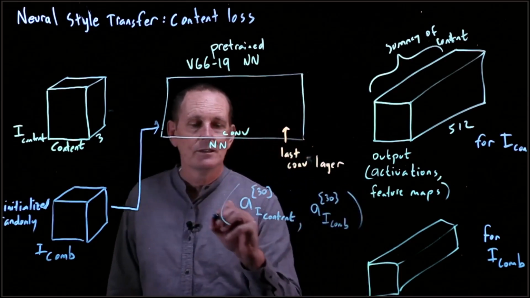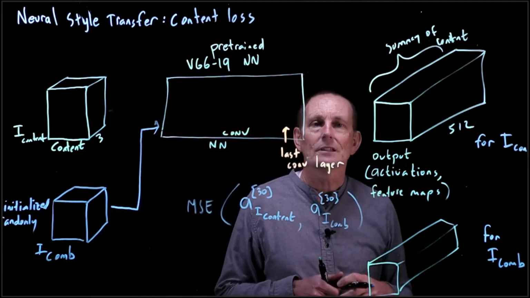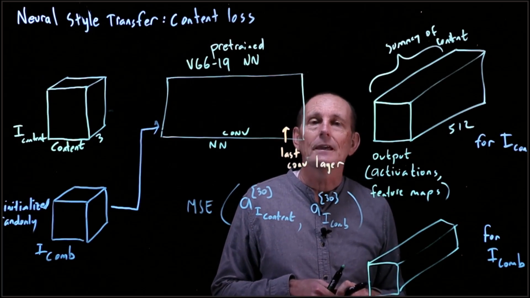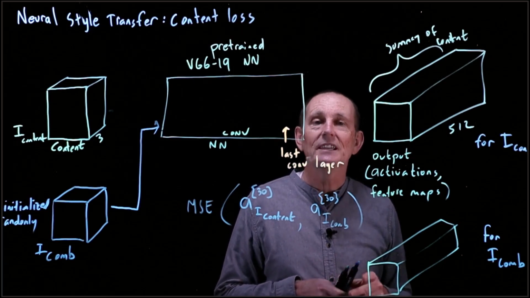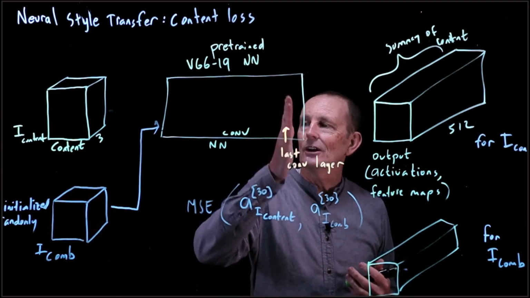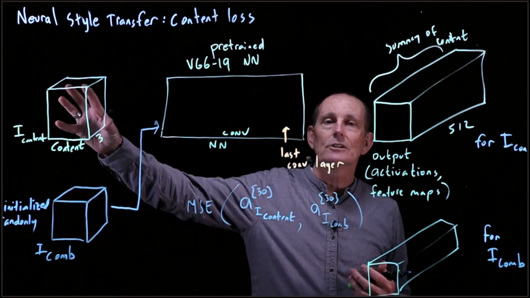And we'll take a mean squared error on this whole thing and just sum it up, right? So we'll get a single number. So that will give us a loss for the content. Again, how different is the late convolution layer output for this image as compared to our original content image?